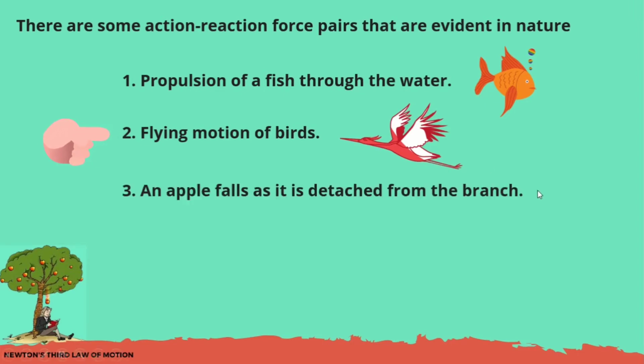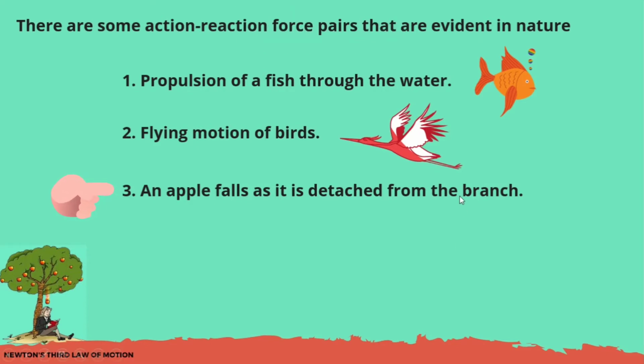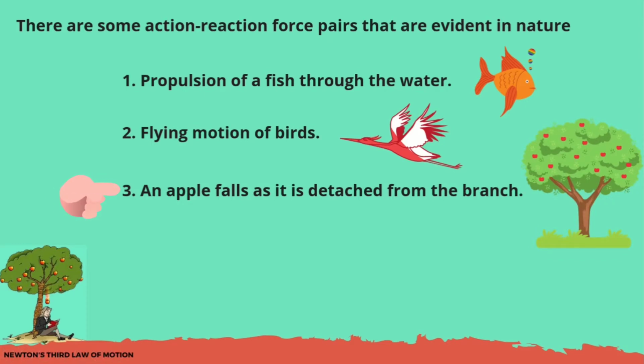So next, an apple falls as it is detached from the tree. An apple falls down as it is detached from the branch. The earth pulls the apple downward. So if the earth pulls the apple downward, the apple pulls on earth upward.